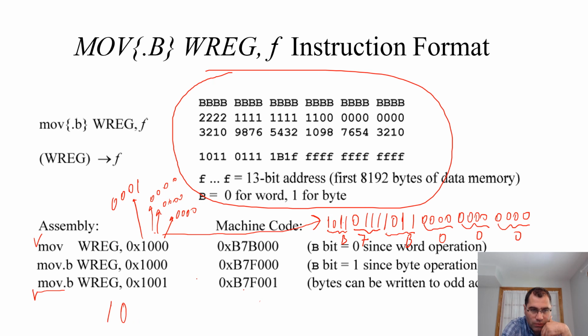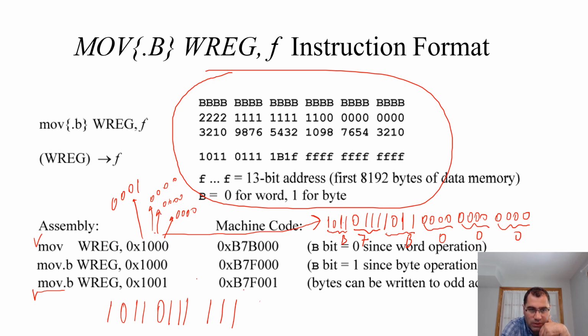Oops. 1 0 1 1 0 1 1 1, and then 1 more, and then B is going to be 1, as I said, and there is another 1 there, and now we have the 13-digit F value.